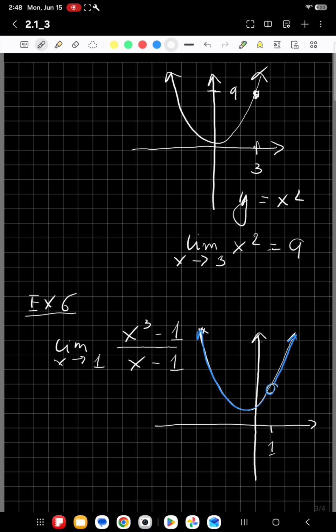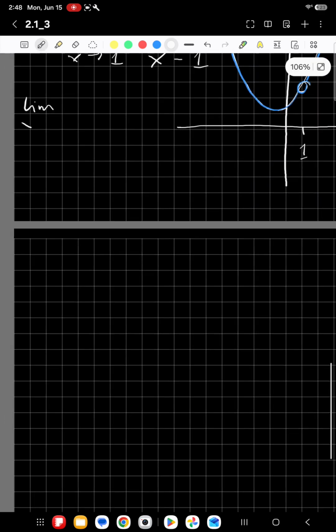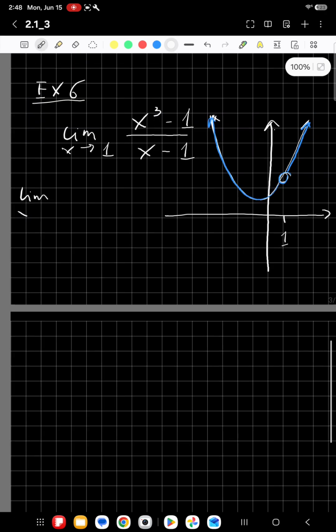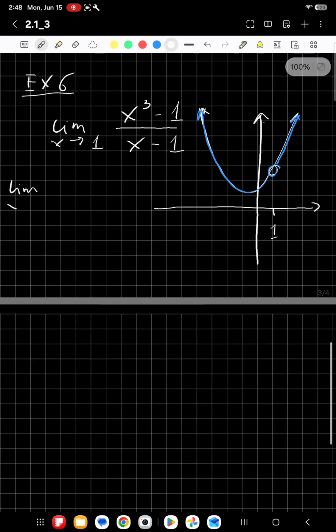Well, what we can do is use algebra to simplify that expression. So I'll have the limit, I hope I can fit it here. Let me move it up. Okay, so we have a limit with x approaching 1. And you see that this x cubed minus 1 is a difference of two cubes.